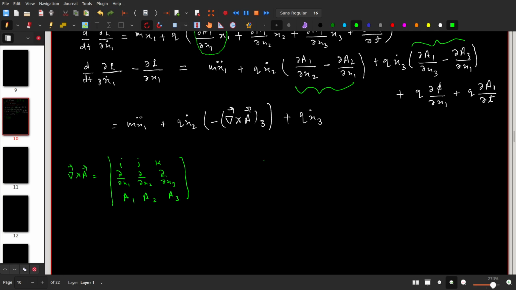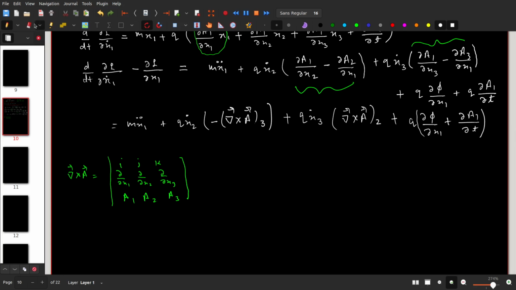So this is the second component of curl of A. And then we have these two terms, q del phi by del x1 plus del a1 by del t.